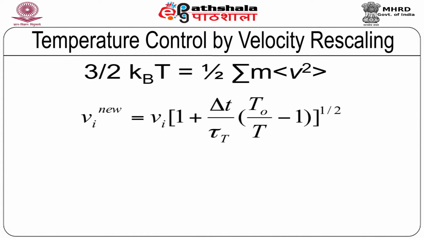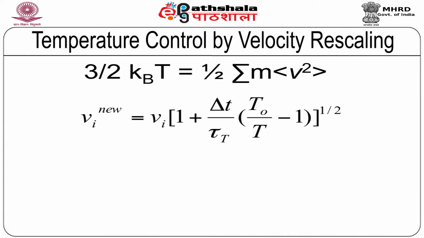So in that case, we are at a shortfall, our system is moving slowly. So T0 is 300 and T is 100. So this will be plus 2 and this will be minus 1. So this part will be positive, and 1 plus something positive will give a positive part. So my v will be increased to give a larger velocity. With this larger velocity, our temperature will shoot up.